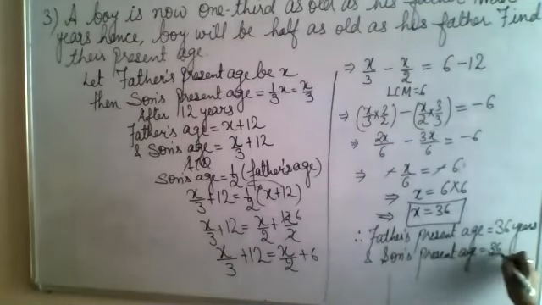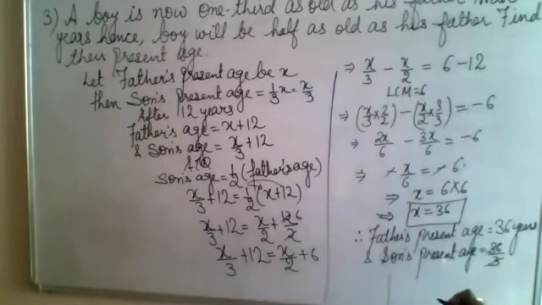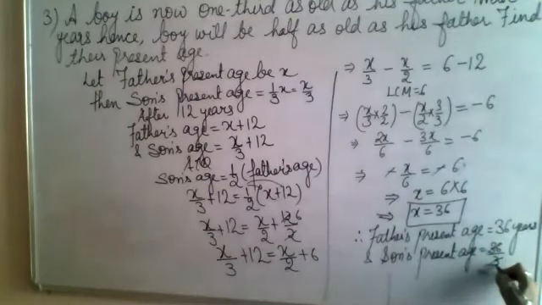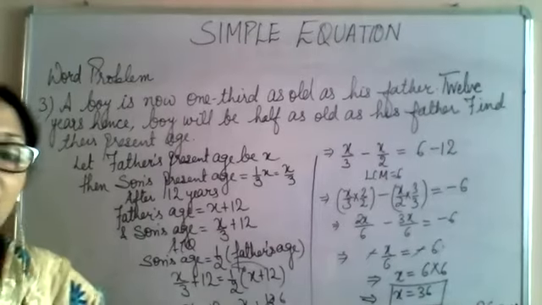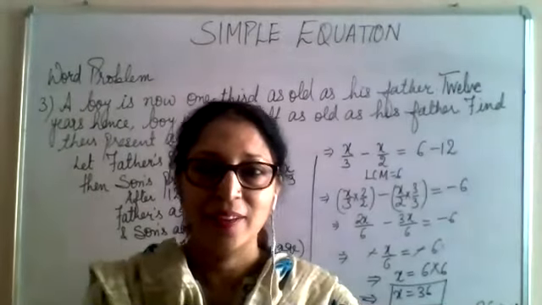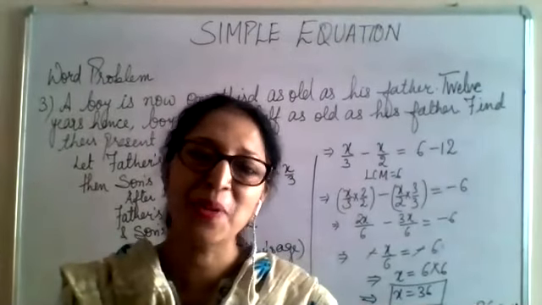Means divide by 3, you will get 12 years. So father's age is 36 and son's age is 12. I hope it is clear to you. This is all for today. The rest we will do in the next class. Thank you for watching it.